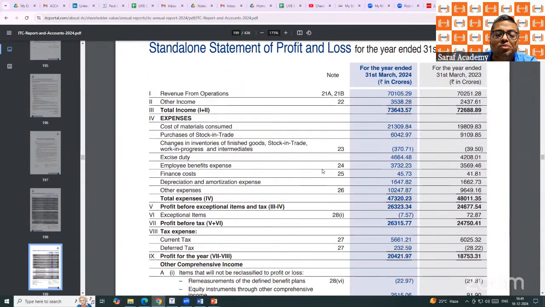And this is PL account. The revenue. ITC Hotel, ITC Tobacco, ITC Fast Moving Consumer Goods, ITC Ashirvad Atta, all these things, all total revenue 72,7105. It was slightly less. The revenue should be growing. Other income, maybe interest income or something. Dividend income invested in shares of somebody, this one.